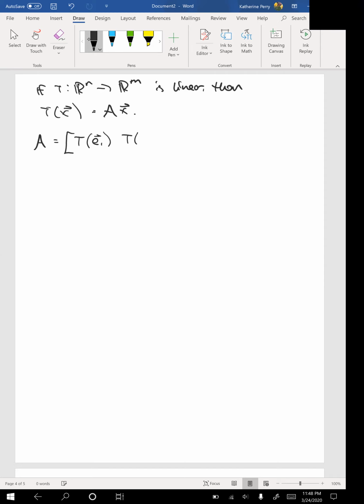So these are going to be the columns of A.